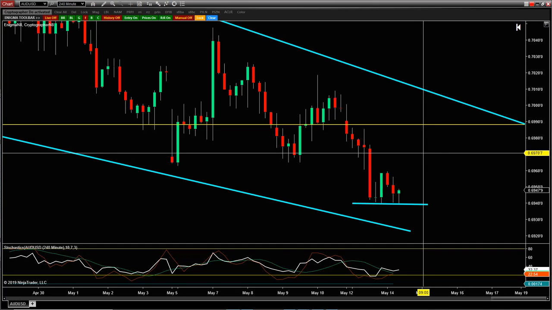Real quick, Mitch says, "Hey, Akil, I read that the crosses are typically a little smoother and better for beginners and less susceptible to spikes compared to the majors. Thoughts?" I disagree. I think you're better off trading the majors, whatever you define the majors are.